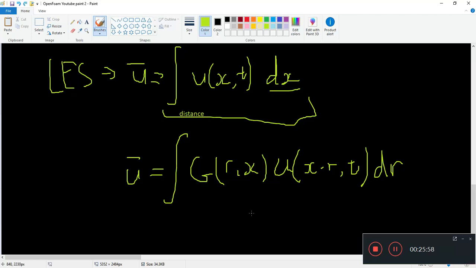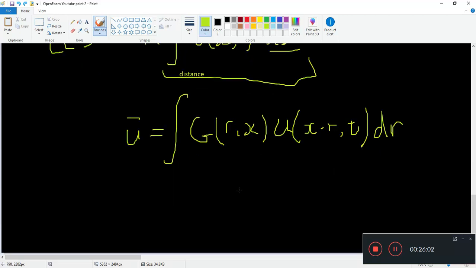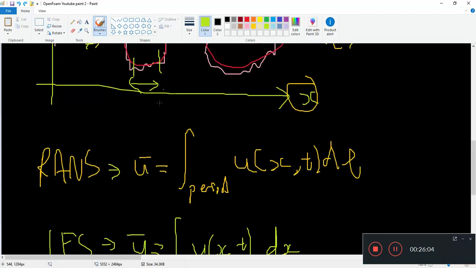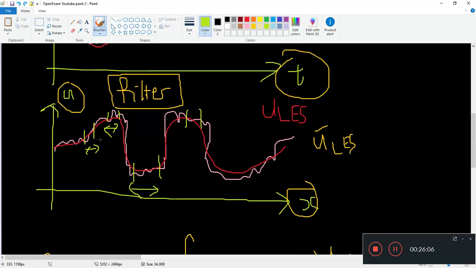What this function is saying is that I can change my length anytime as I specify the size of the averaging box throughout the whole domain, the whole space where I'm simulating the fluid.